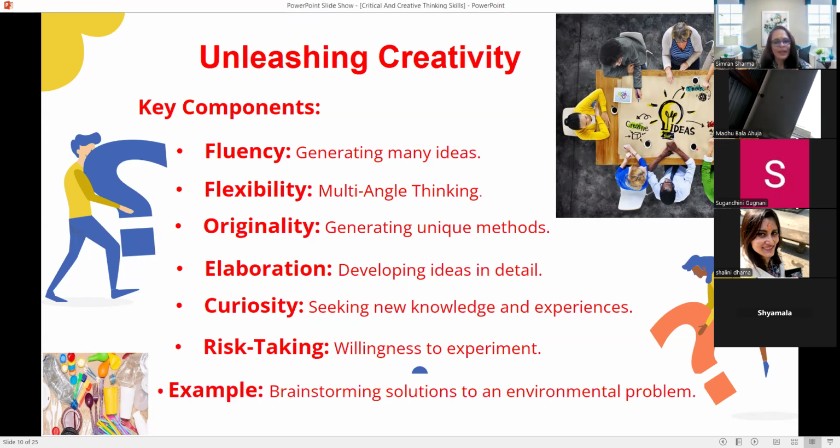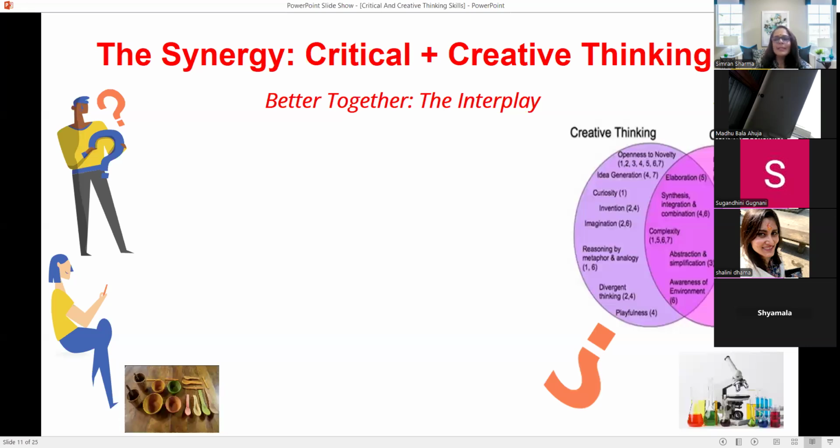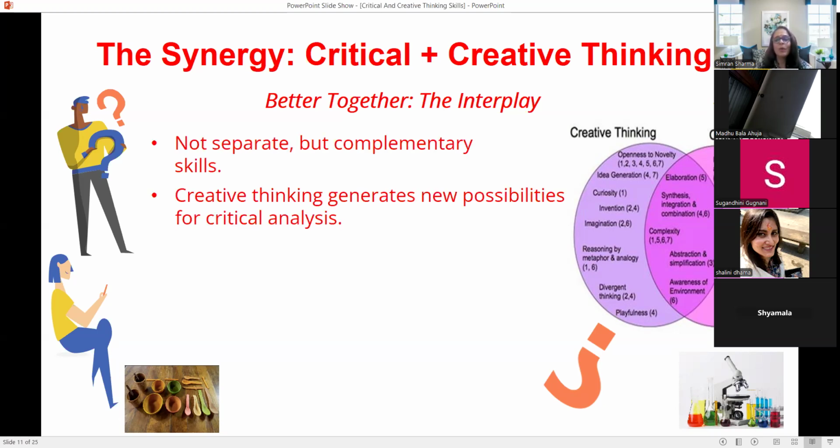Now it becomes very powerful when critical thinking is combined with creative thinking. Let me tell you, both thinkings complement each other. They do not work in isolation. Creative thinking, as we have already discussed, is generating lots and lots of ideas, and then whichever idea you want to go for, you have to critically analyze it.